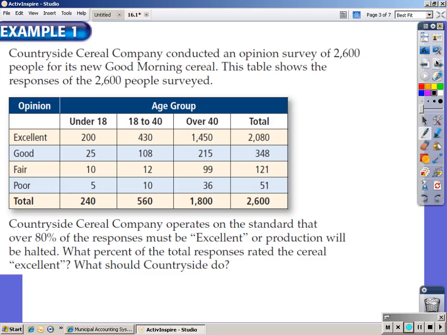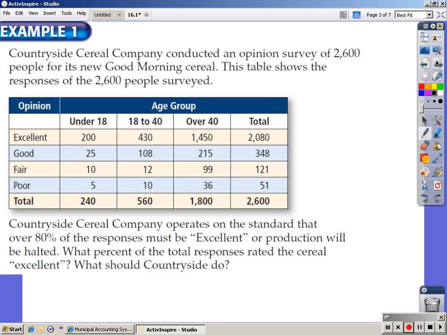Now, the question in example 1 says, Countryside Cereal Company operates on the standard that over 80% of the responses must be excellent or production will be halted. What percent of the total responses rated the cereal excellent, and what should Countryside do? Looking at this, they want to know which ones rated it excellent.